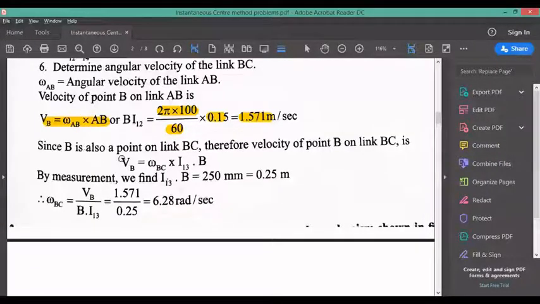Since the point B is also a point on link BC, the velocity of point B can be written in the form of omega BC multiplied by the distance from instantaneous center I13 to the point B. So by measurement, we need to find the distance from I13 to B. So let us find the distance now.